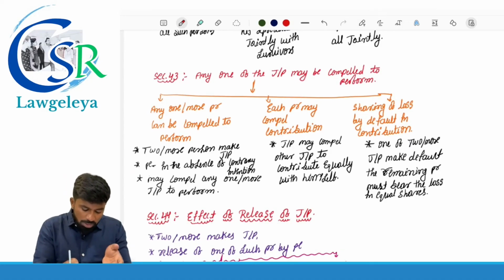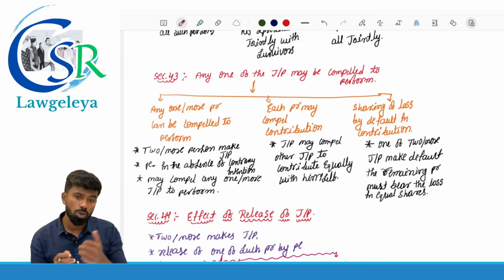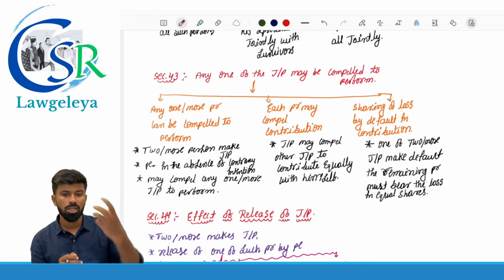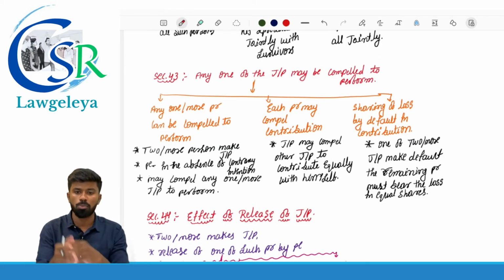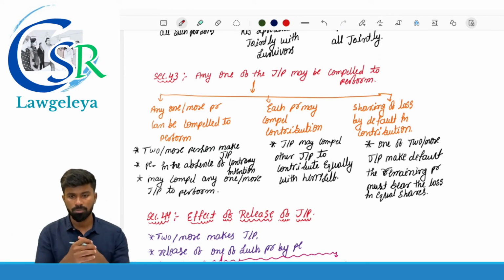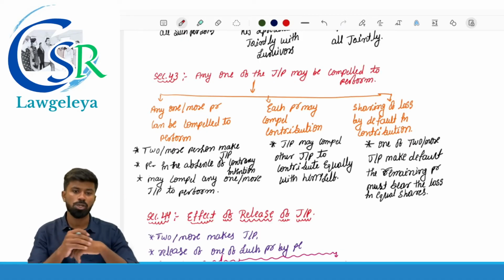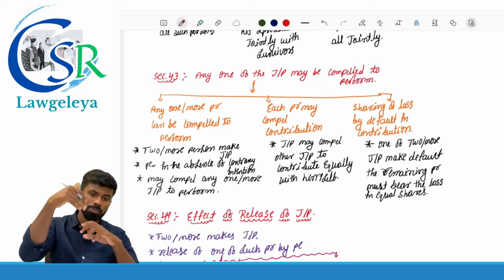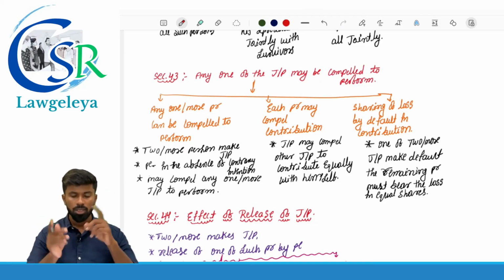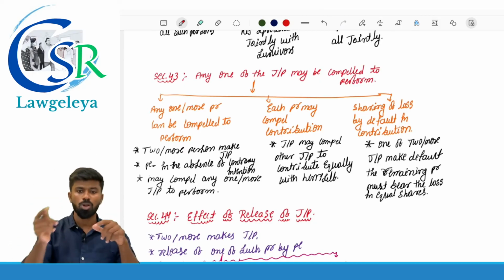Then each promisor may compel contribution from the other promisors. The joint promisor may compel other joint promisors to contribute equally with himself. If the promisee compels any one of the promisors to perform, then the promisor who has been compelled to perform in its entirety can compel the contribution from the other promisors.